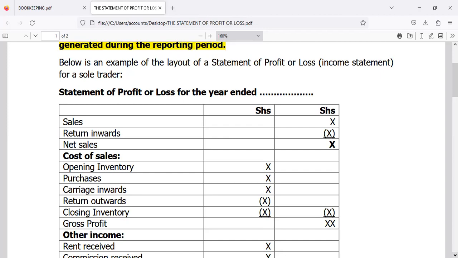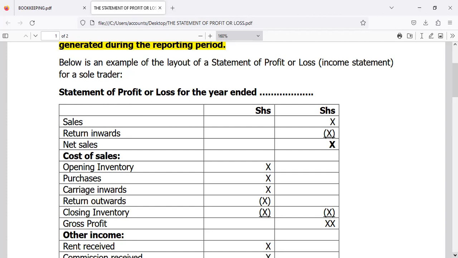Is it for the end of 31st March 2023? It will depend. But of course, we have to show the name of the entity or the name of the business, then the statement they are preparing, that is the statement of profit or loss, or the income statement, then for the year ended dash dash dash. Can be the year ended 31st December 2023, 31st December 2022, or any other date, depending on what you have been given.